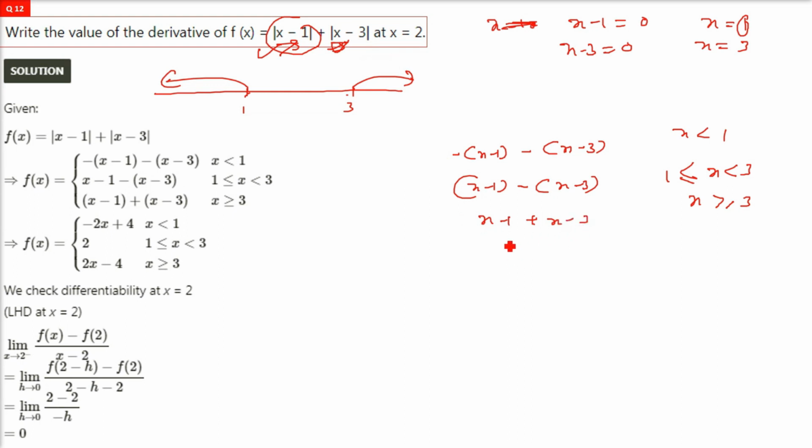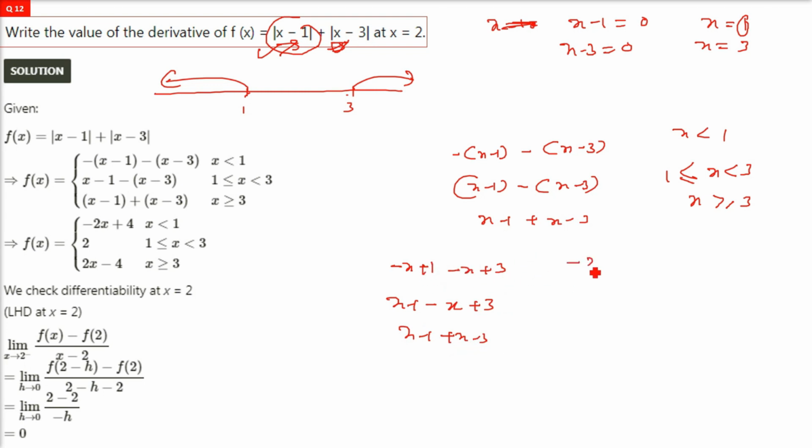Okay. So now let us just solve this, and then we'll use these final functions to actually find out the derivative at x equals 2. So minus x plus 1 minus x plus 3. This is going to be x minus 1 minus x plus 3. X minus 1 plus x minus 3.